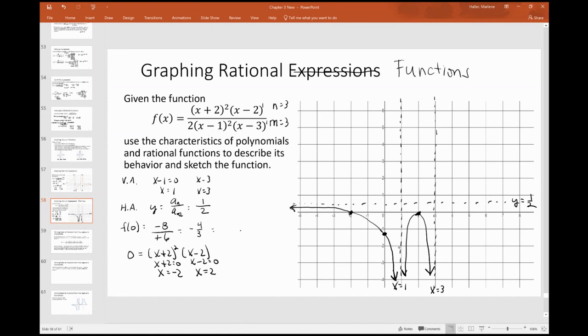Look at the vertical intercept at x equals 1. Look, the graph is going in the same direction. Well, because we have an odd degree, right, on the factor of the denominator that led to the vertical asymptote of x equals 3, we know that the graph has to go in the opposite direction. So it has to go up here somewhere like this, doesn't it? Since we have this horizontal asymptote that it doesn't likely cross, we can draw a pretty good sketch by saying the rest of this graph is going to do something like that.